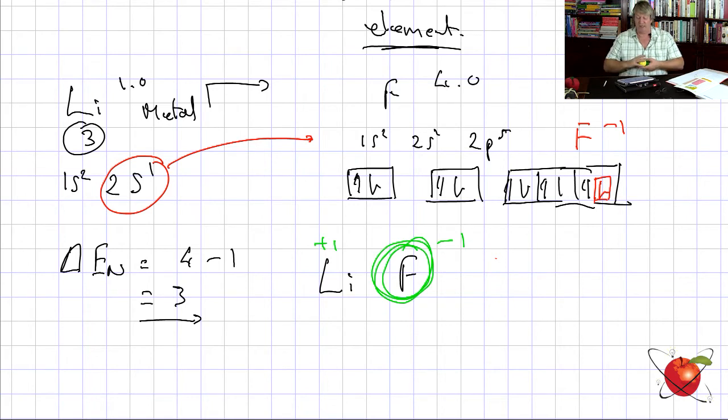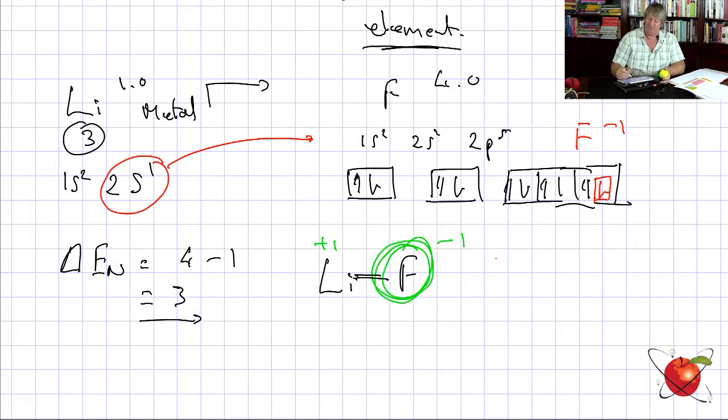So they are joined, yes, they are together as a couple. It's a single molecule of lithium fluoride, absolutely. But what has happened is that the fluorine has taken the electron away completely. The lithium never sees that electron again. It's gone.